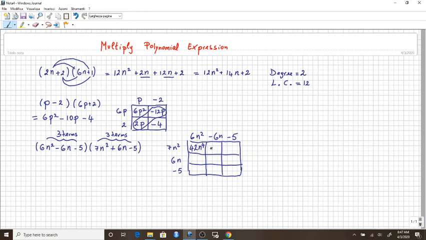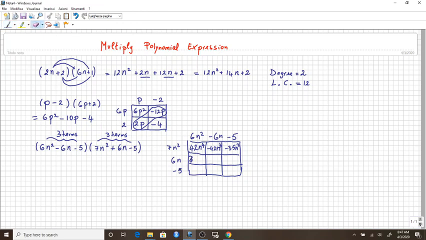7n squared times negative 6 is going to give me negative 42, and then n squared times n is n to the power of 3. And 7n squared times negative 5 is negative 35n squared. And then we need to multiply by 6n, so 6n times 6n squared is 36.